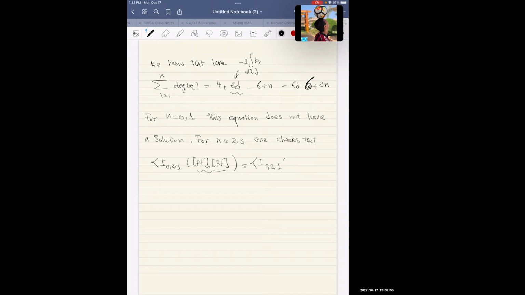I can add this extra class, but I would like the sum of the degrees of what I'm putting in here to be equal to the sum of the degrees of this. What is that space whose codimension is 0, so that its degree in cohomology is equal to 0, right? So I can do that.